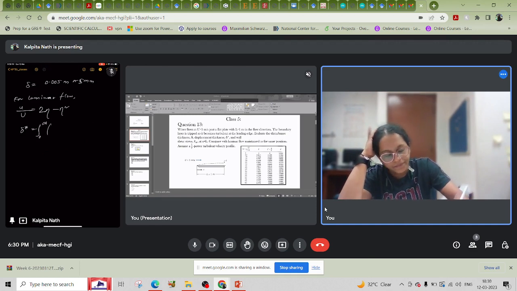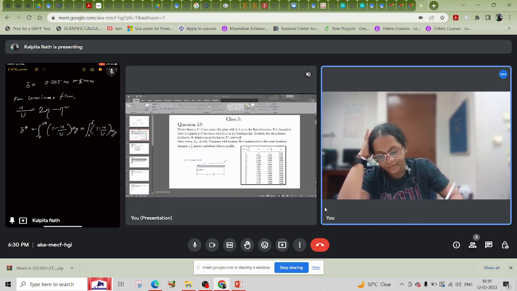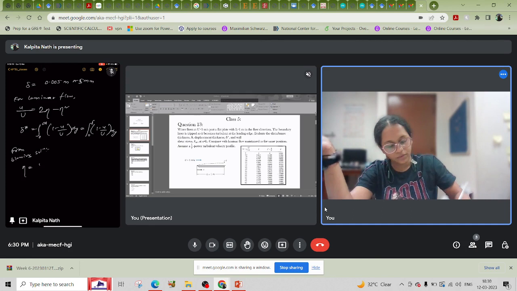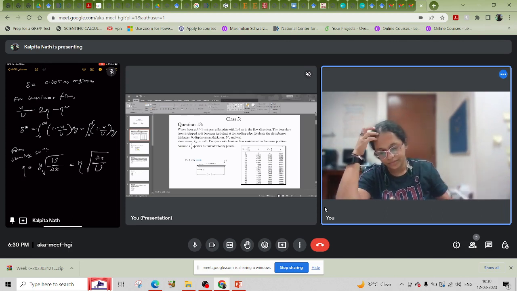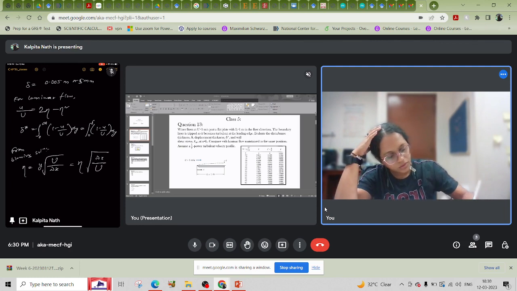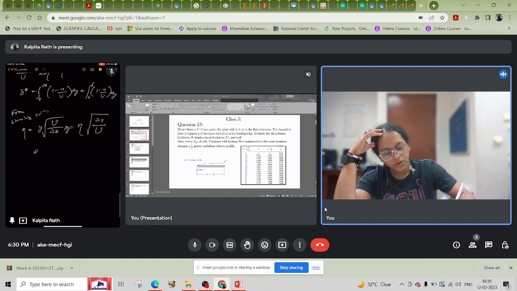The integral from 0 to infinity of 1 minus small u by capital U dy is equal to the integral from 0 to delta of 1 minus small u by capital U dy. From the Blasius solution, eta is equal to y root over u by nu x, so y is equal to eta root over nu x by u, or dy is equal to d eta root over nu x by u.